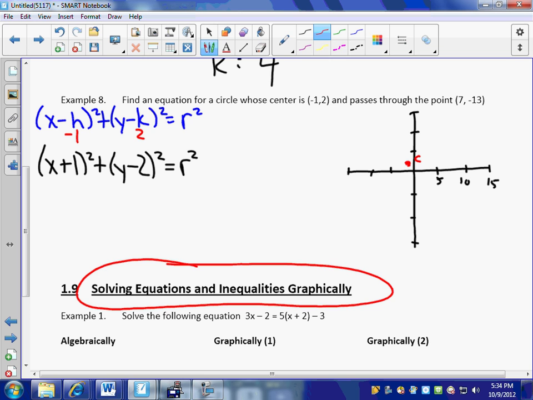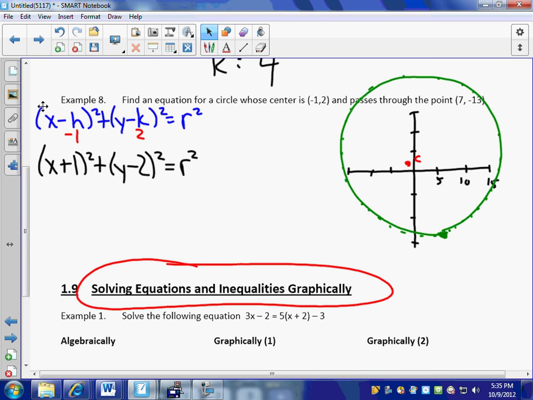And the circle passes through the point (7, negative 13), so that'll be over 7 and down 13, somewhere here. You guys laugh at my circle drawing capabilities. Actually, I don't think that that's that bad. All right, so really what I want to know is this distance. That's my radius. Well, I can find that distance. I just use the distance formula.